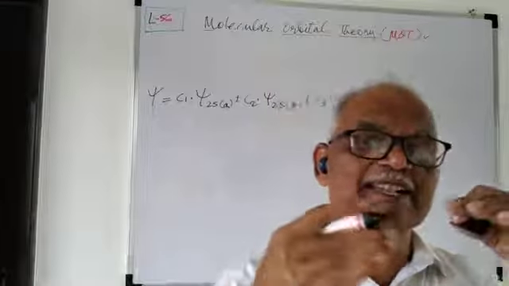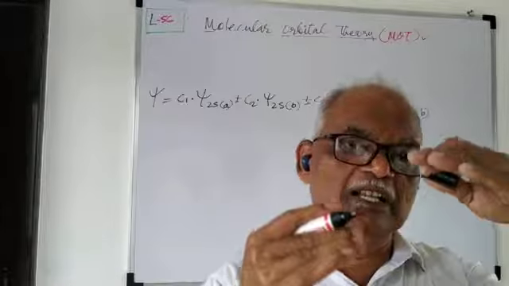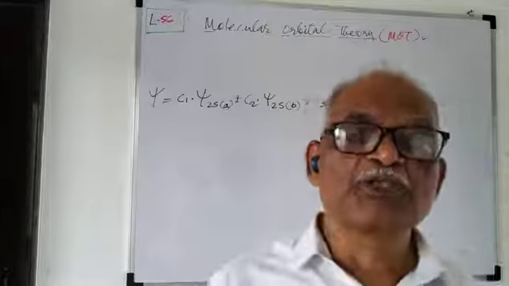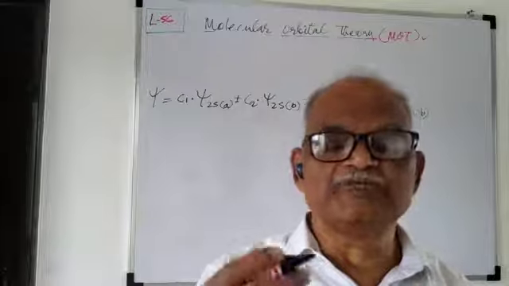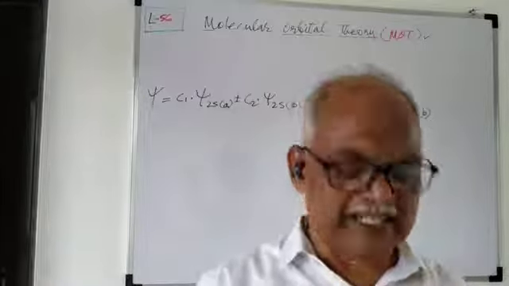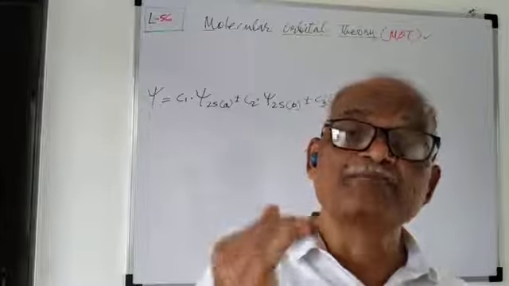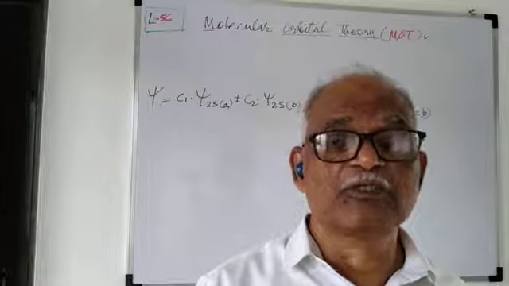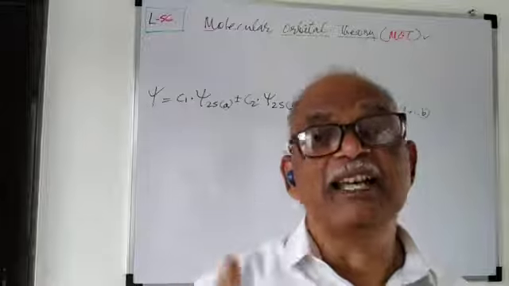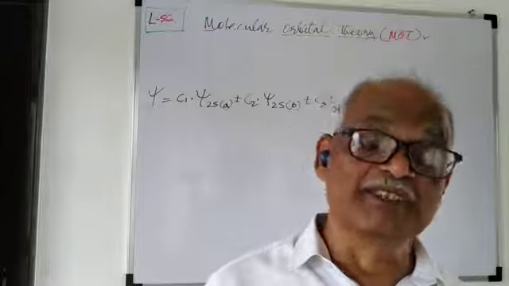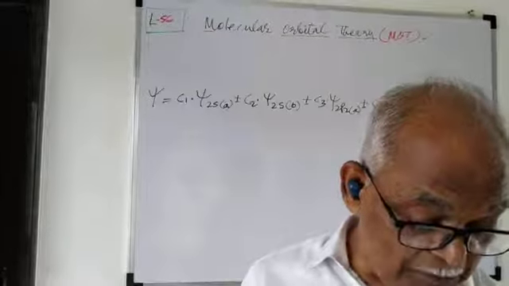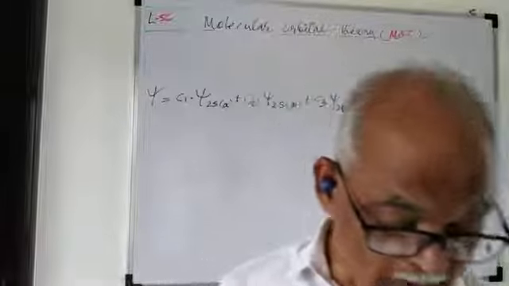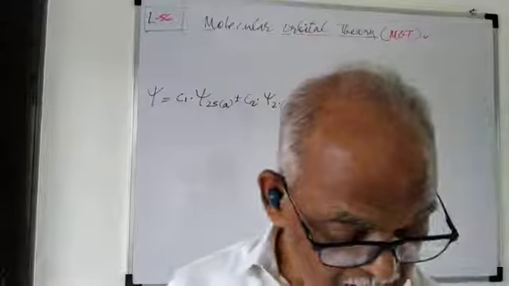Means they are not exactly coming in that direction, but they will come closer to that. So the intermediate molecular orbitals will show some bonding characters and some antibonding characters, and because of this they behave like non-bonding molecular orbitals also. So this is the impact on the properties of molecules.